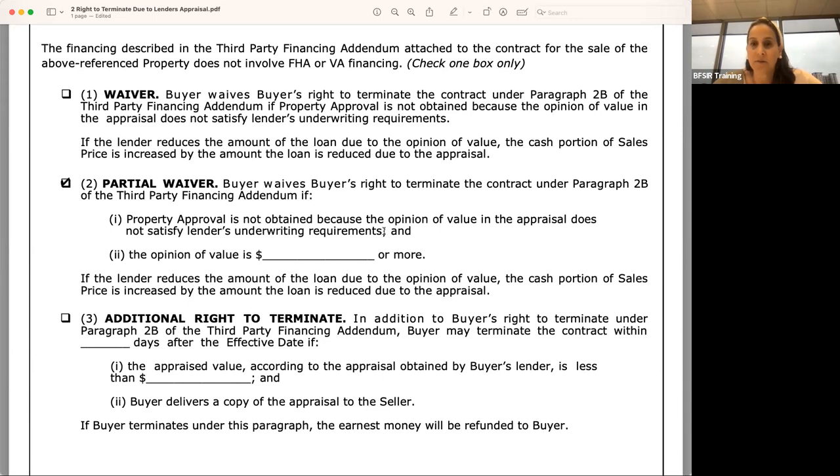Because most lenders, if it's a $1 million deal and they're financing 800, are going to want to see it appraised for $1 million or more to make sure that they're well secured in what they're lending on. And to be clear, in your example, if it was acceptable to the buyer, they would write 900,000 in 2-1, right?